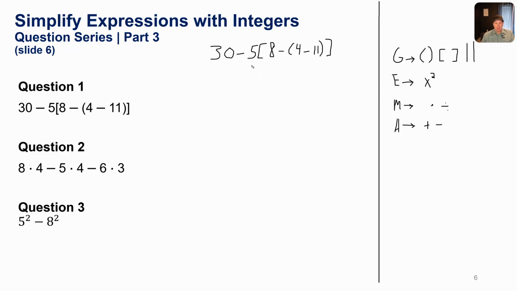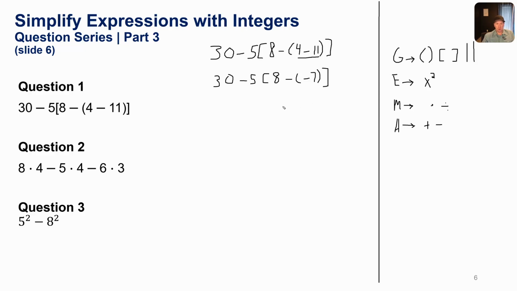So starting with our big bracket, we have 8 minus parentheses 4 minus 11. So I need to do what's in the parentheses to start. So 4 minus 11 is negative 7. Then rewriting everything below this, we have 30 minus 5, bracket 8 minus a negative 7 in bracket.